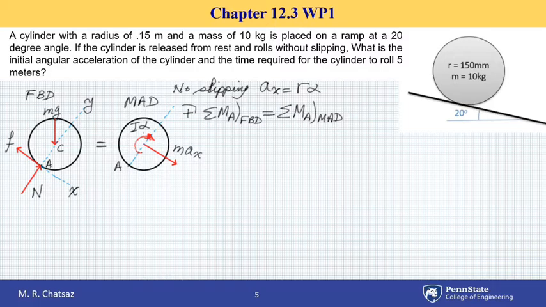And I choose to consider clockwise as positive. Typically we take counterclockwise as positive, but since rotation is clockwise and linear acceleration is down the plane, I choose to go with clockwise being positive. That way I don't have to consider a minus in front of the acceleration components.